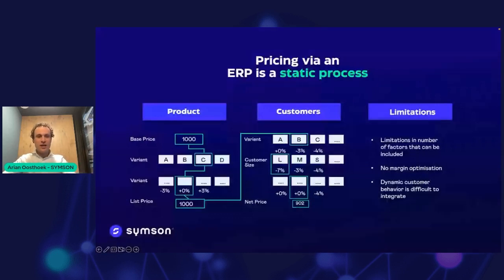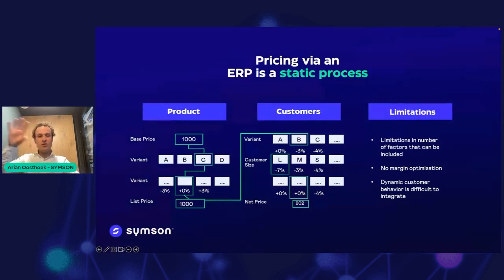What you see here on this slide is visualized how a current process could look like in an ERP. So the starting point here could be that you have for a certain product a base price of €1,000, and this product has 4 variants, and each variant could have a different markup or markdown. And then you come to a list price, and this list price is still 1,000 here in this example.